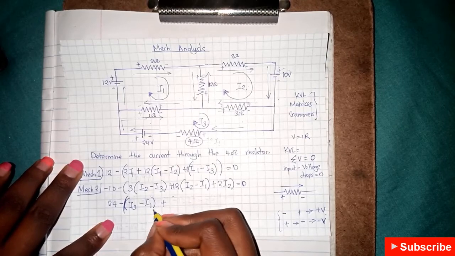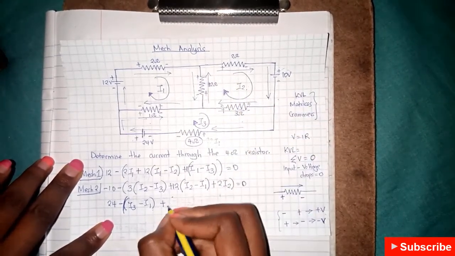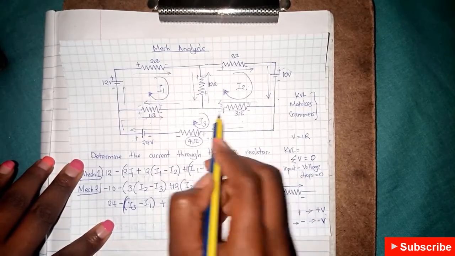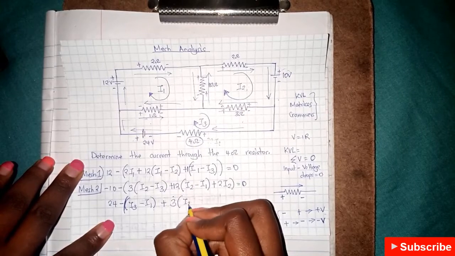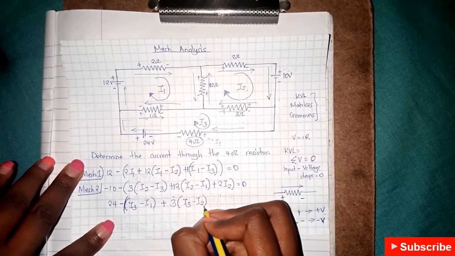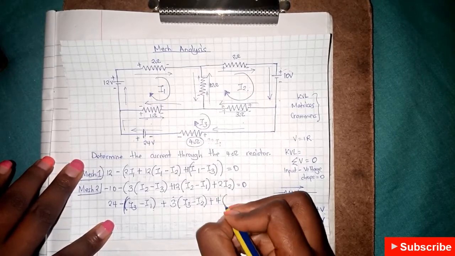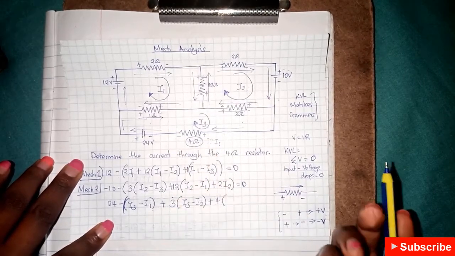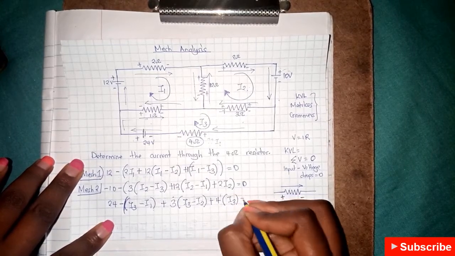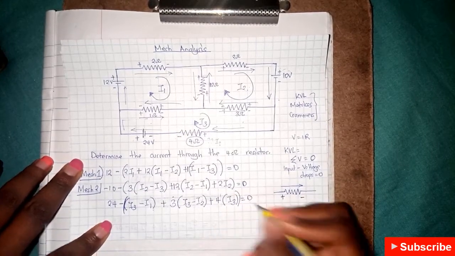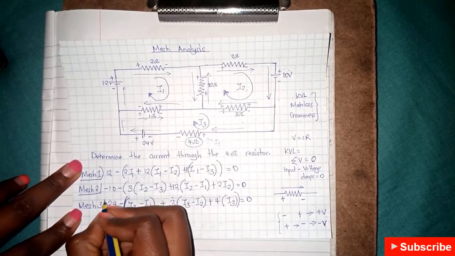So inside this bigger bracket, we have this plus, the second one, again, okay, so it's 3 into I3 minus I2 plus 4 into positive to negative, and that's the only one, so I3 is equal to 0, and this is mesh 3.